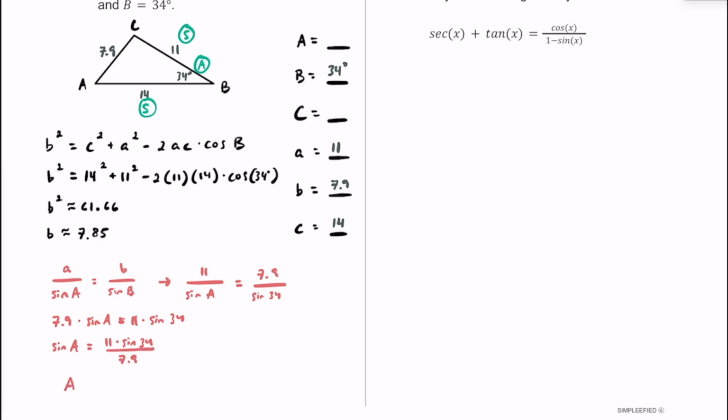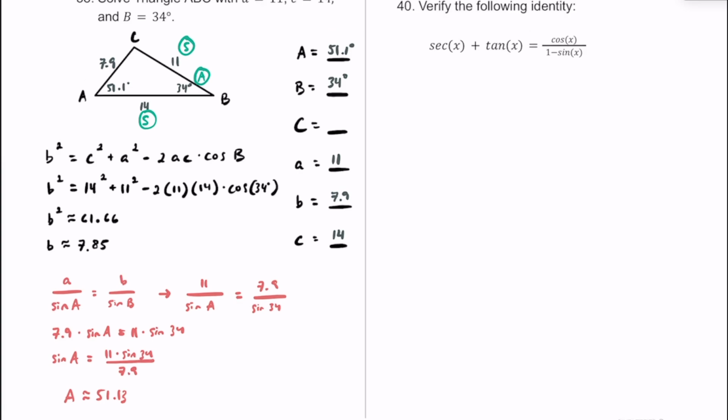And then if we take the inverse sine of both sides, we see that angle A is about 51.13 degrees. So I'm going to put that up here as 51.1 degrees roughly.